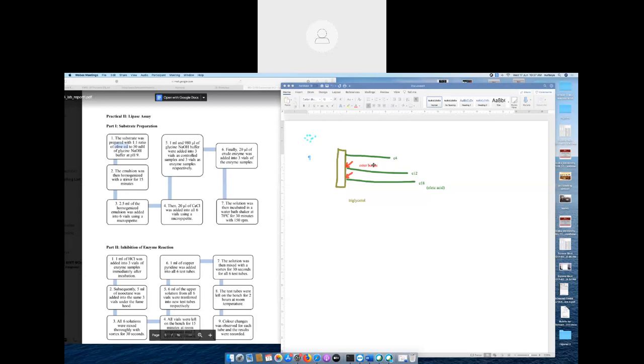Lipase will break this ester bond so that it will release the free fatty acid. I'm going to write here: lipase will break the ester bonds and release the free fatty acid.